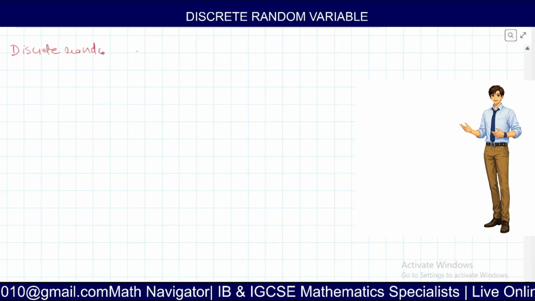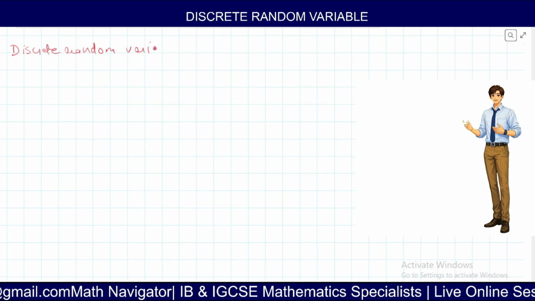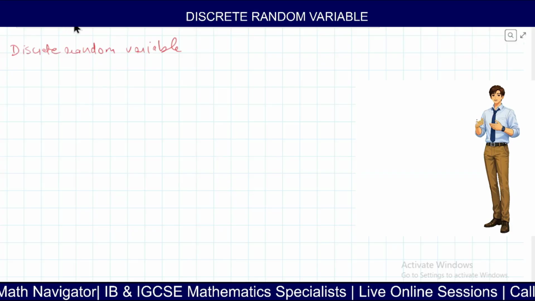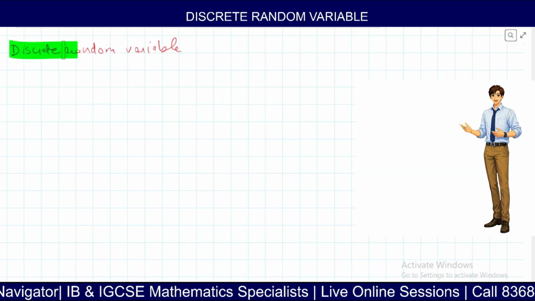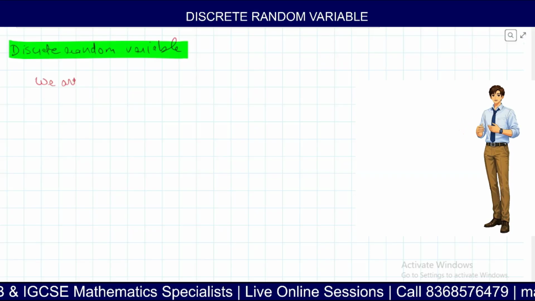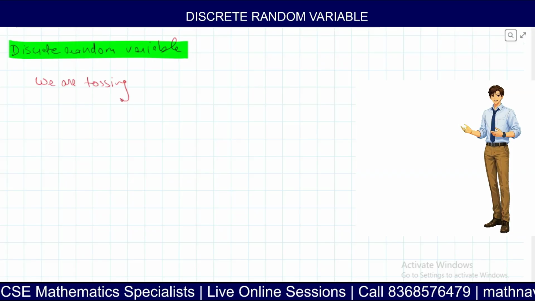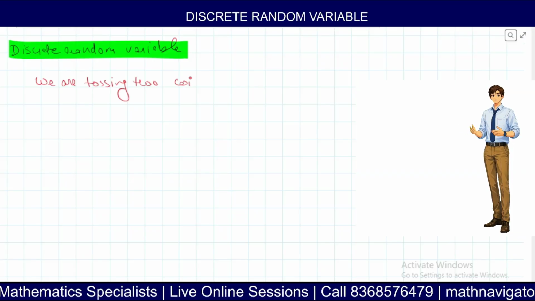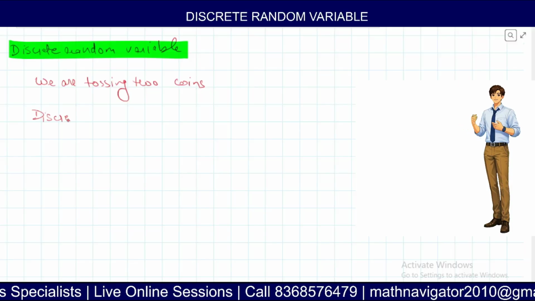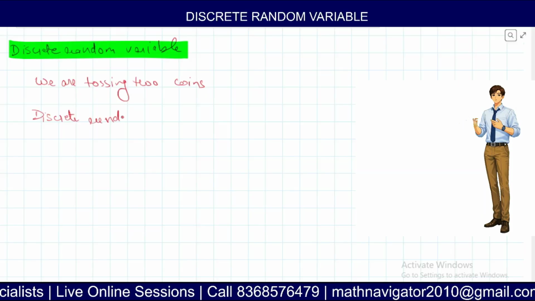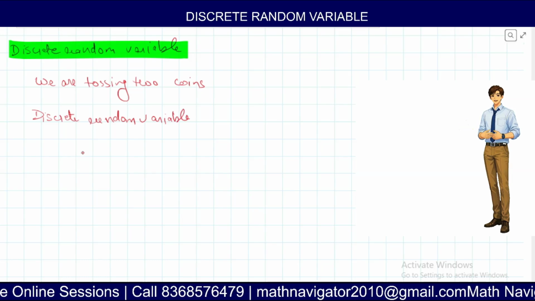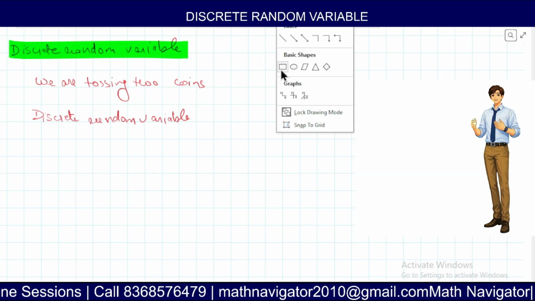So, discrete random variable. Let's again take the example of the coin, in which we are tossing two coins, and my discrete random variable is the number of heads.